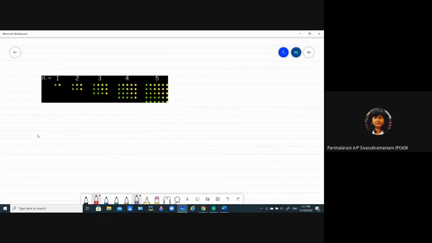If you look at this first triangular number, the first triangular number is 1 dot, so it's 1. Let's look at the green one.